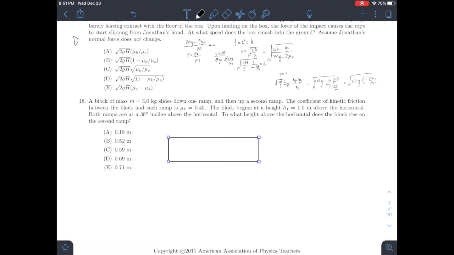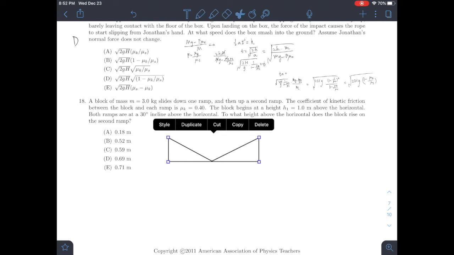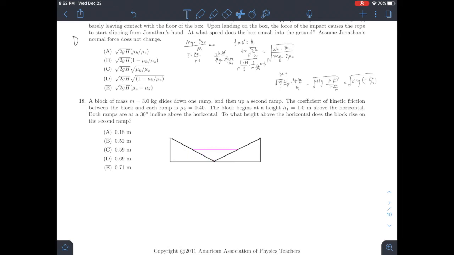So first, let's draw a diagram here. We have two ramps. We draw two triangles, each a right triangle with an angle of 30 degrees.